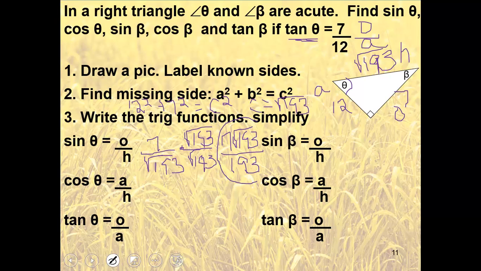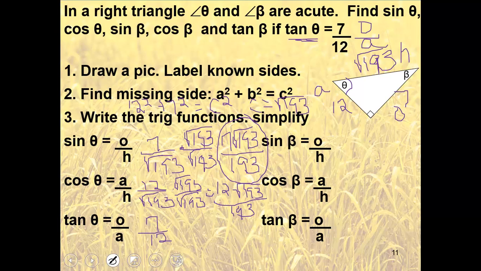There's your answer. Adjacent is 12 over the square root of 193. Multiply top and bottom by the square root of 193 and you get 12 square roots of 193 over 193. And then our tangent is what they gave us, 7 over 12.